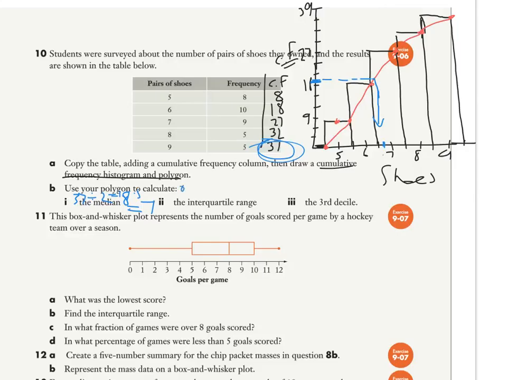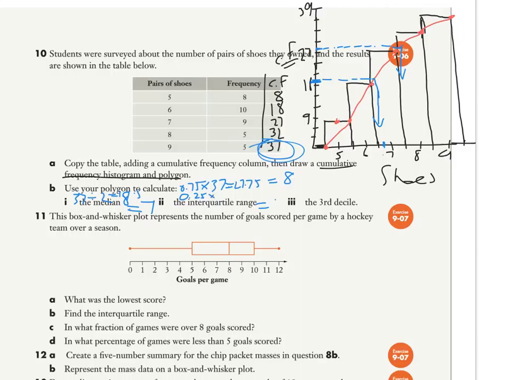So 0.75 times 37 gets us 27.75, which is approximately there. We go across until we hit the red line, and it's down there, which is 8.